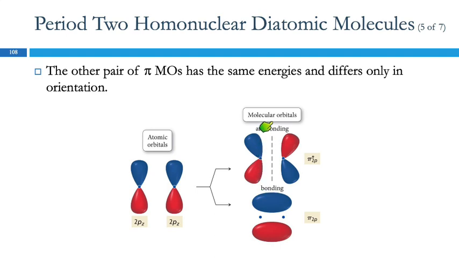If they interact destructively, then we get this big no man's land in the middle, and these guys get bent away from each other. So these are also pi, because it kind of looks like a Greek letter pi, right? So this is pi 2p, and that's pi star 2p.